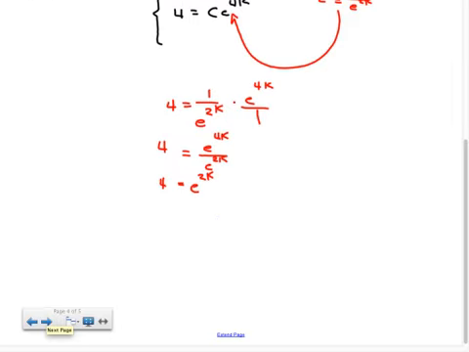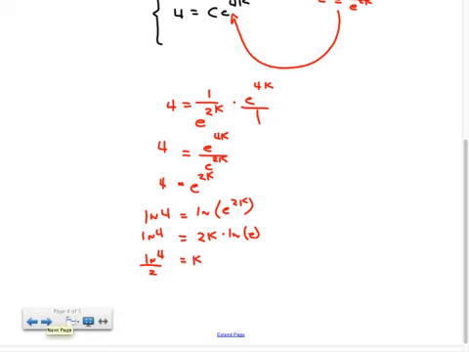So what am I going to do? I'm going to take the natural log of both sides. So I have the natural log of 4 is equal to the natural log of e to the 2k. The 2k is allowed to come down in front. I have the natural log of e, which is 1. And so now I divide both sides by 2, and I get the natural log of 4 divided by 2 is equal to k.